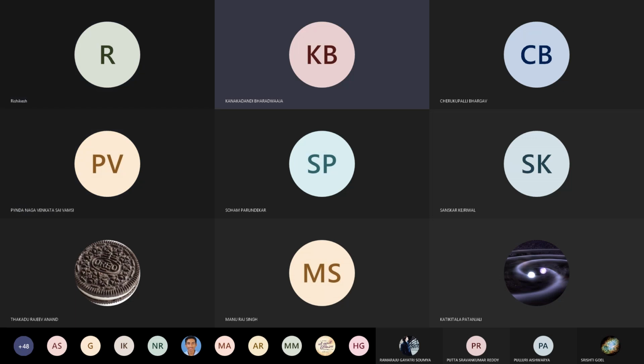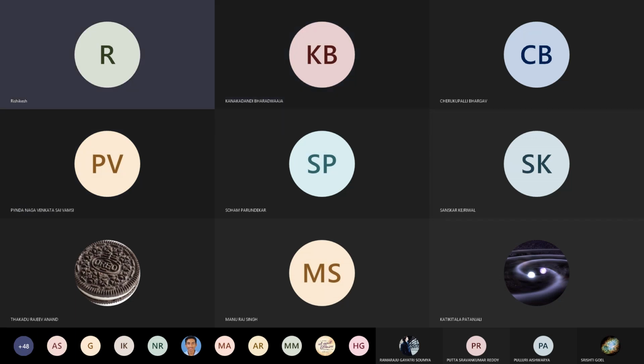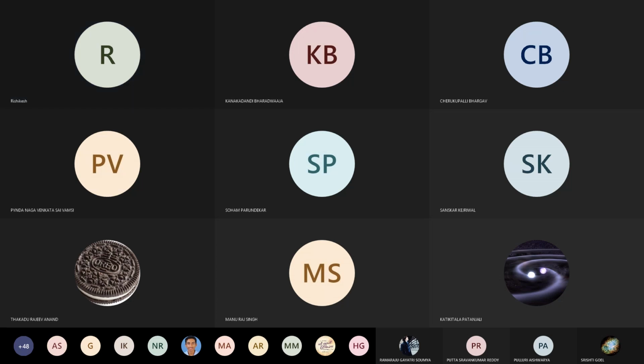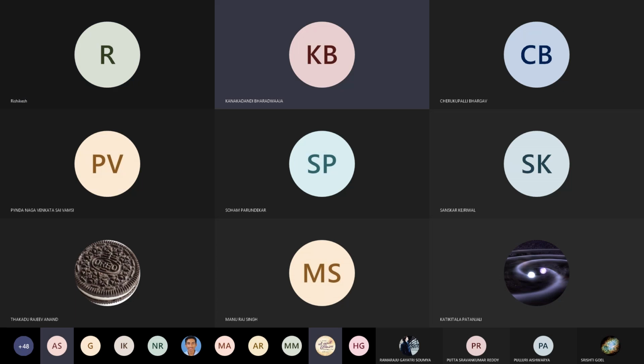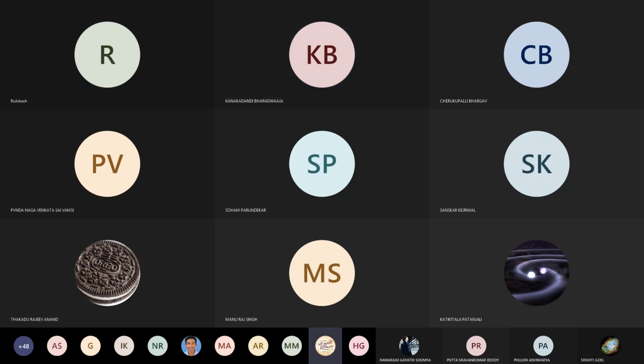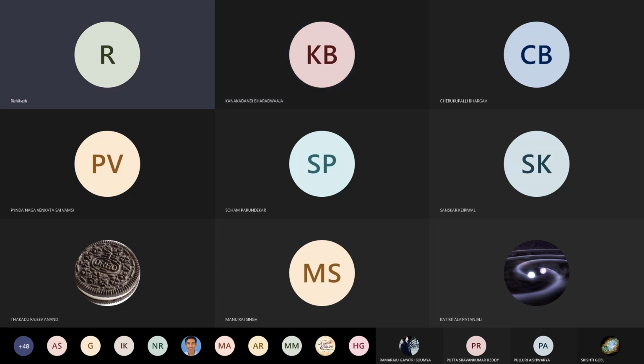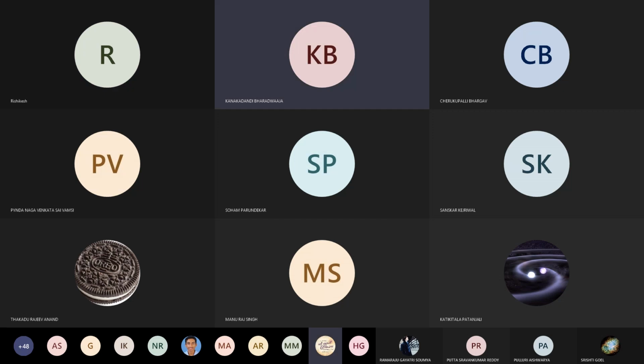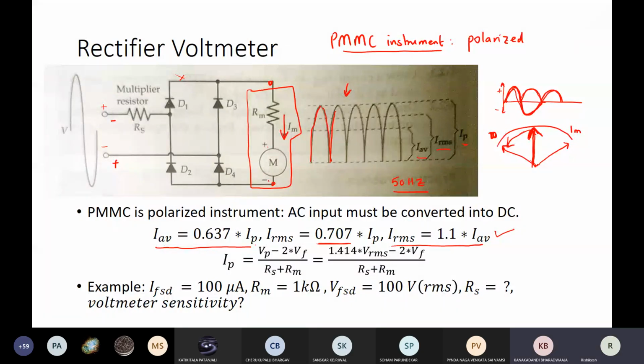Power used, power calculations. Be more specific.